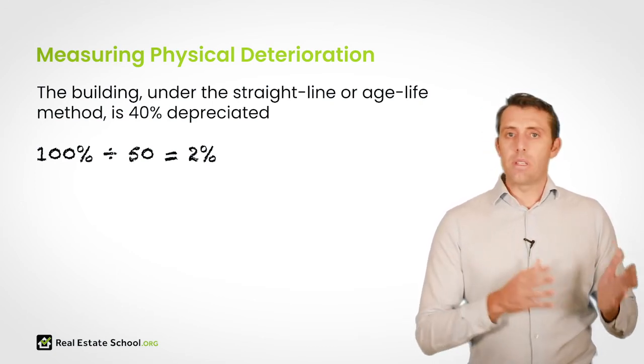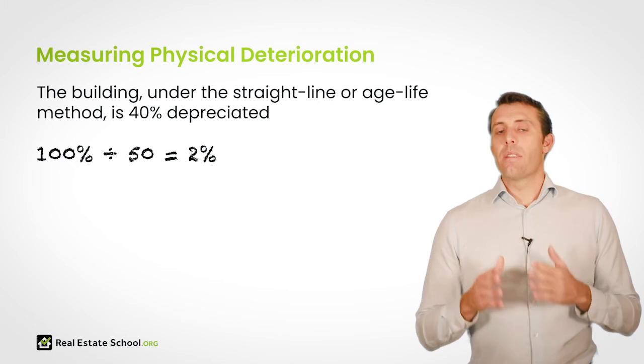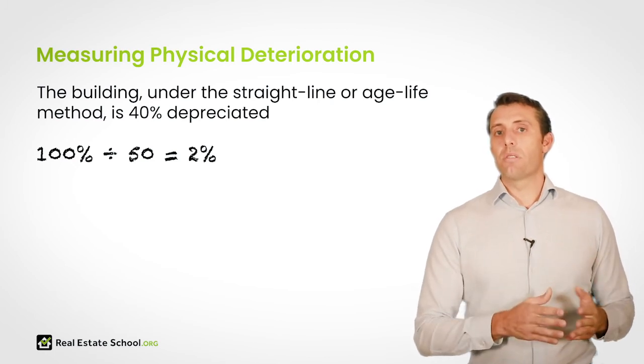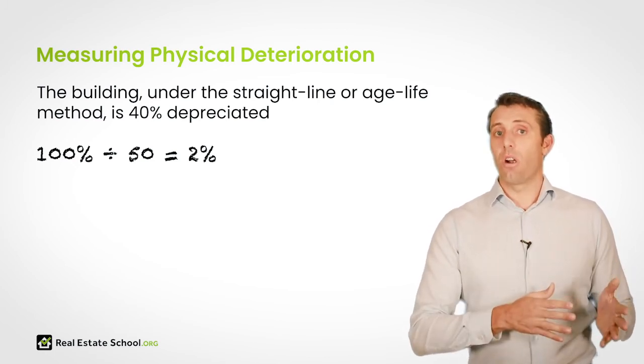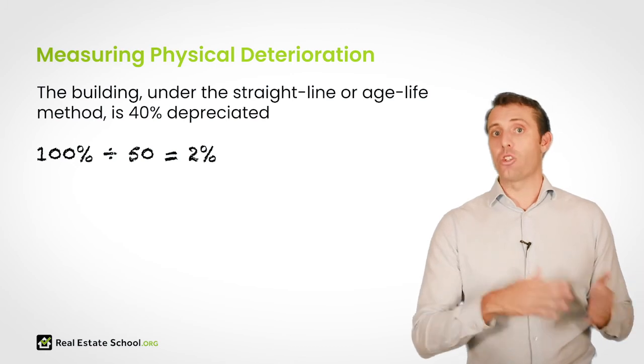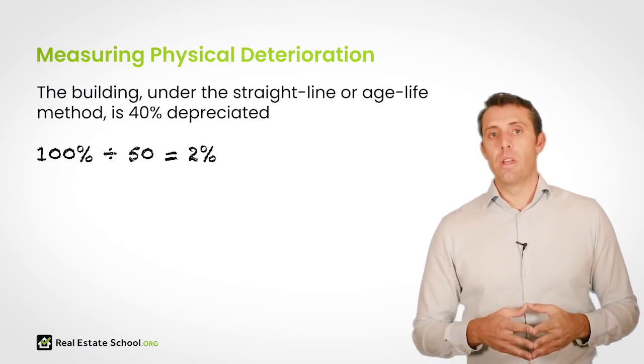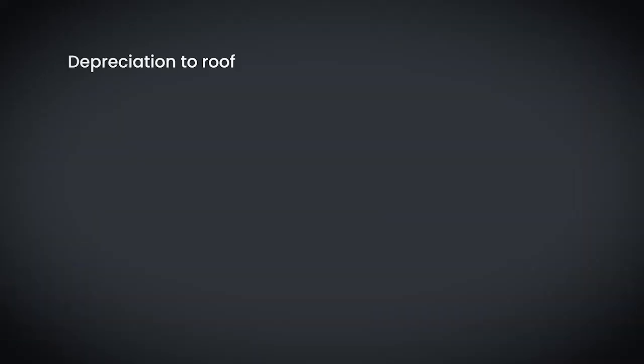When we go through these calculations, it's important to note that the lifespan of different elements of the structure differ. Our roof, for example, has a shorter life than the rest of the building. If we calculate the depreciation to the roof first, we go about it by multiplying 0.75 by $100,000.